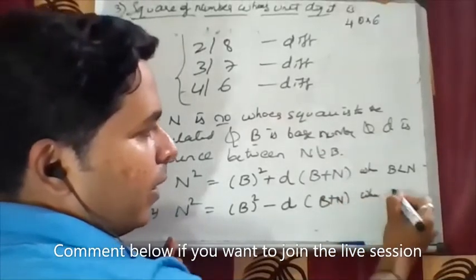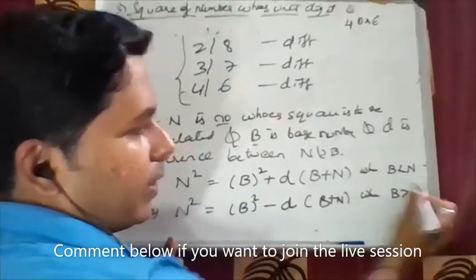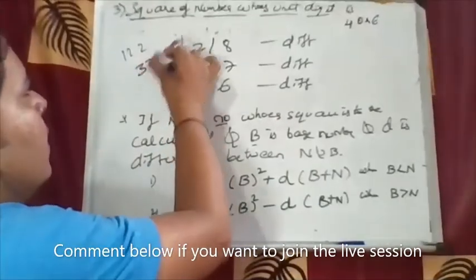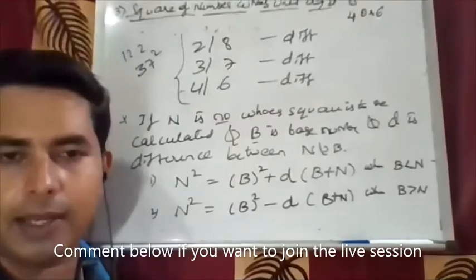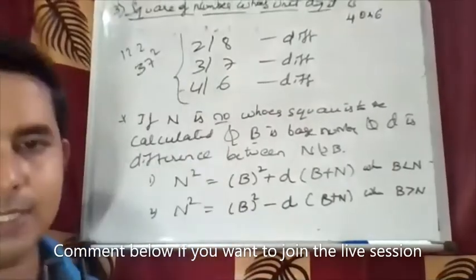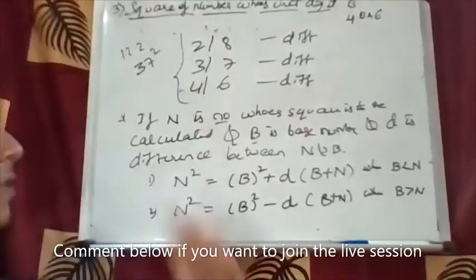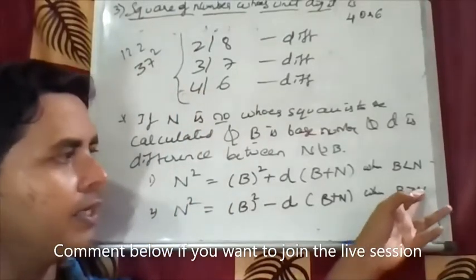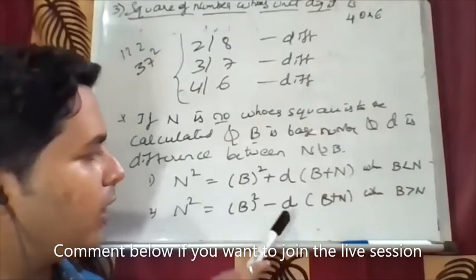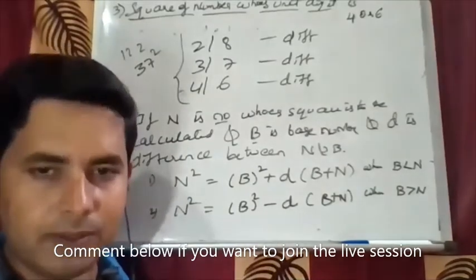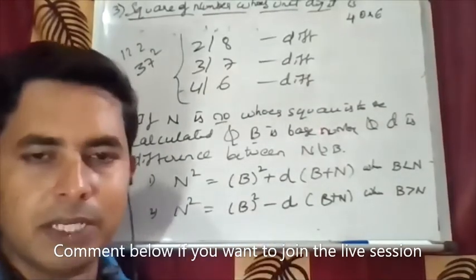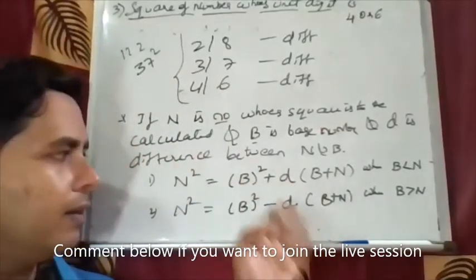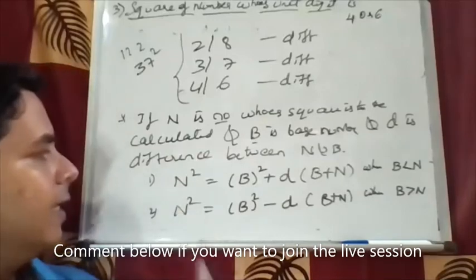For example, 37, मुझे 37 का स्क्वायर निकालना है, so n is 37, base number is 40. 40 क्या हो गया इधर, given number से भी ज्यादा हो गया, then I'll take a difference. If base number is small, I'll add the value. If base number is greater, I'll take a difference. This is a general rule.